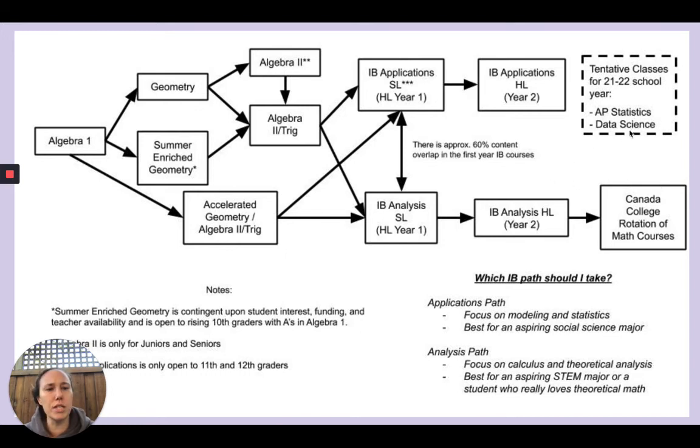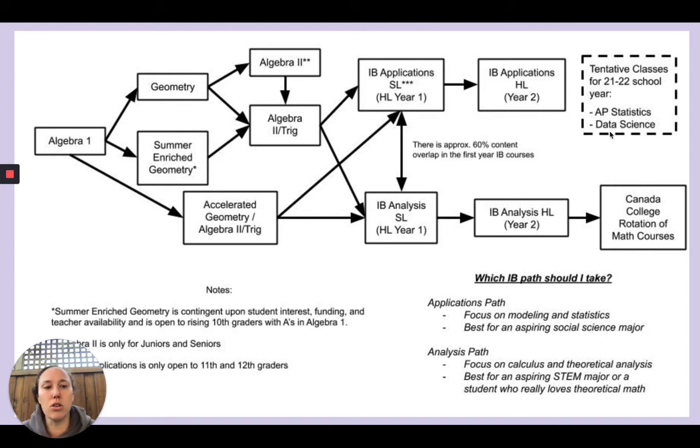We have 2 tentative classes for the 21-22 school year that we are not sure about yet. We have been teaching AP statistics for the last few years, but that class may be phased out because of these new IB courses. So we may be phasing out AP statistics. We haven't made a decision about that yet.